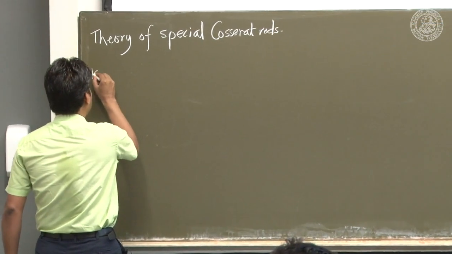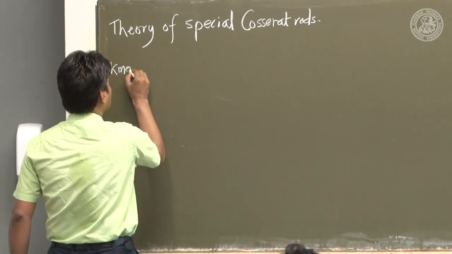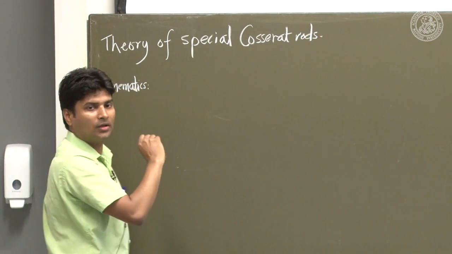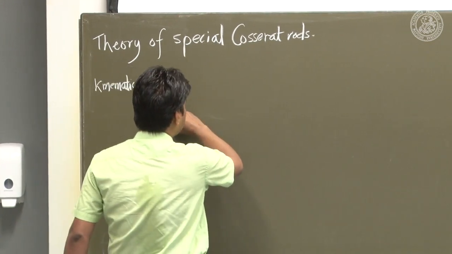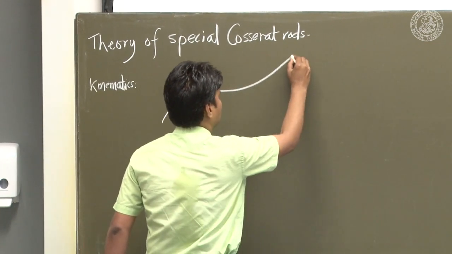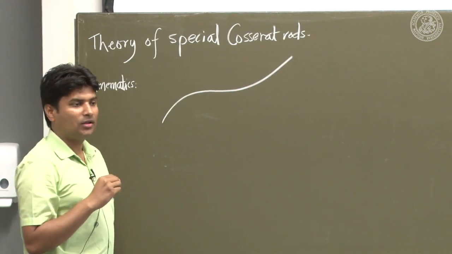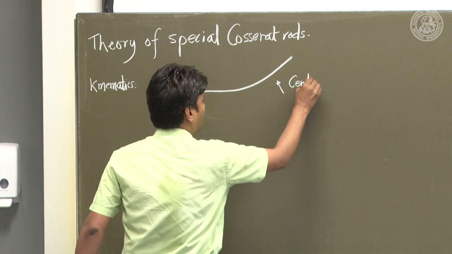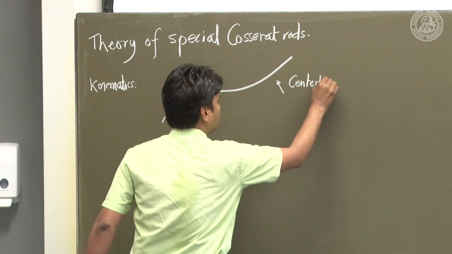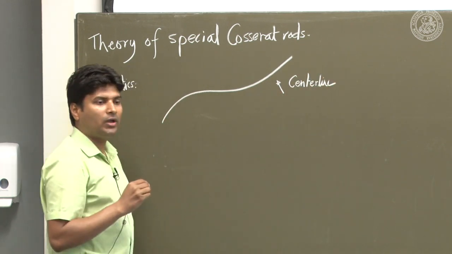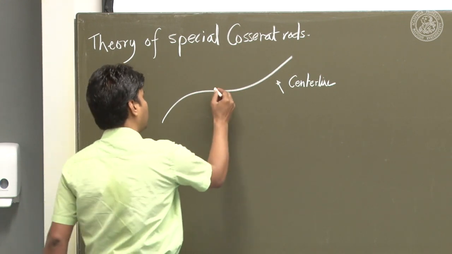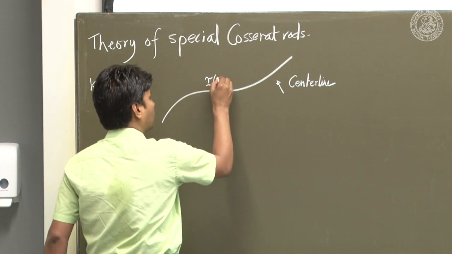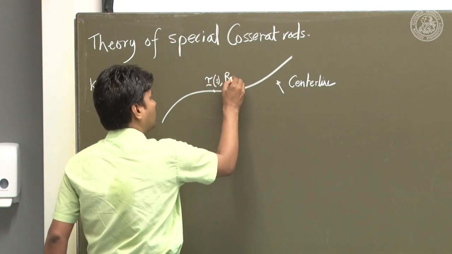So first, the kinematics. We thought of a center line of the rod, and we associated two variables with every point of the center line: little r of s and big R of s.